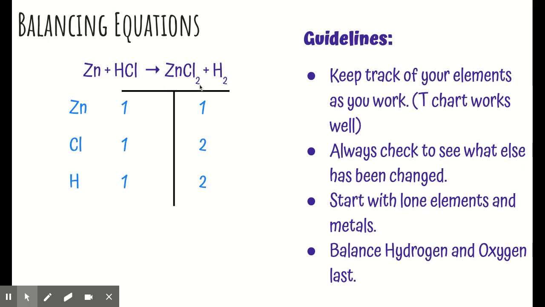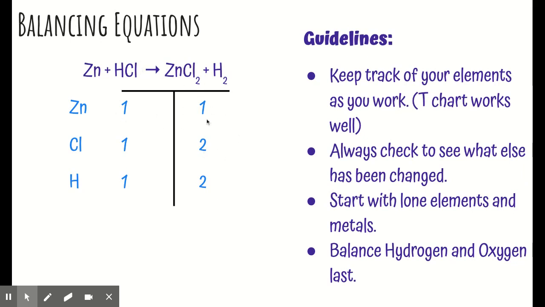So if there's already 2 chlorines and then I put a 2 in front of it, that multiplies. So then I would have 4 chlorines and 2 zincs here. Same thing for this one, because there's more than one element here. If I put something in front, it's going to alter not just the atom that it's next to, but everything else inside of that compound or molecule. So you want to account for that down here in your T-chart.